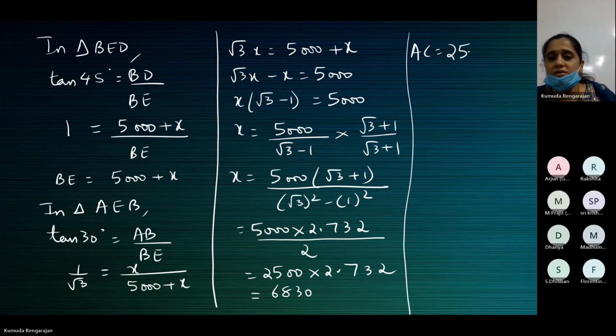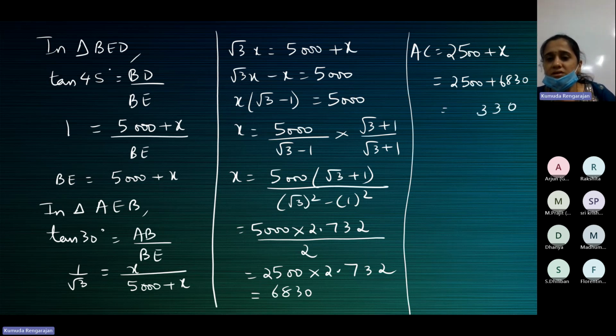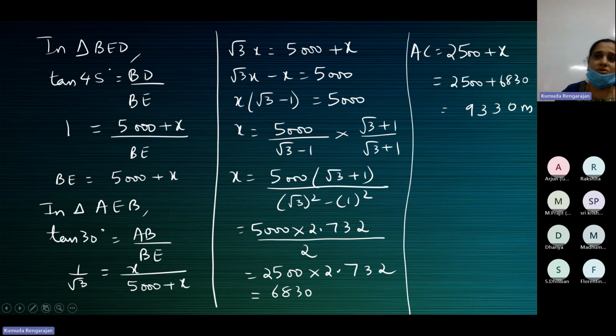So AC is equal to 2,500 plus 6830, which is 9330. So the height of the cloud above the lake is 9330 meters.